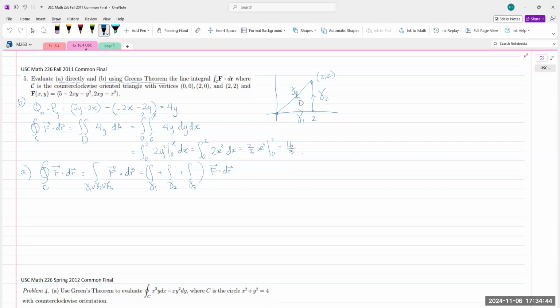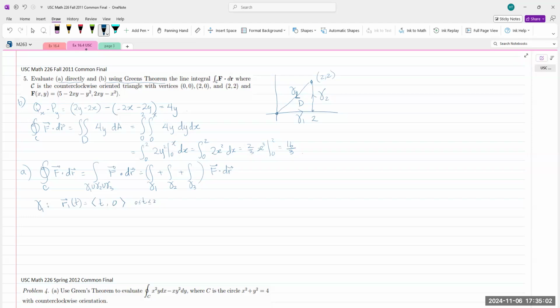For gamma 1, let's parameterize it first. R1(t) has x going from 0 to 2 while y is 0.